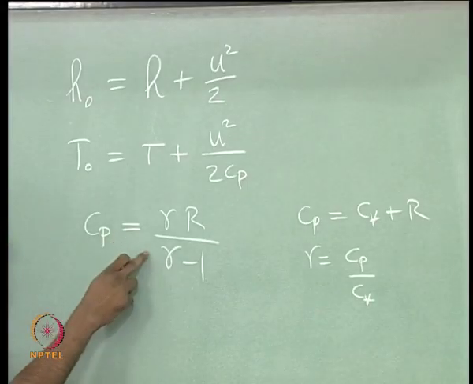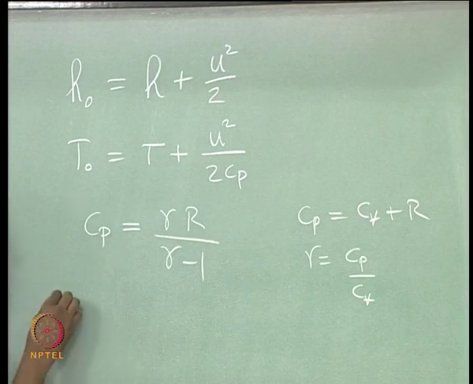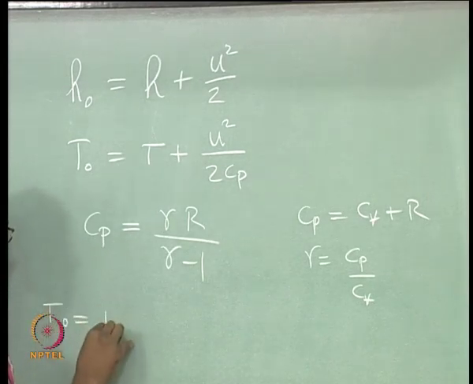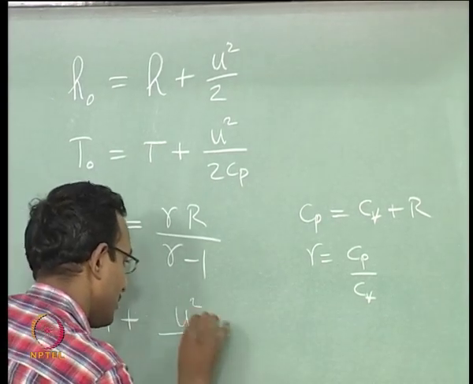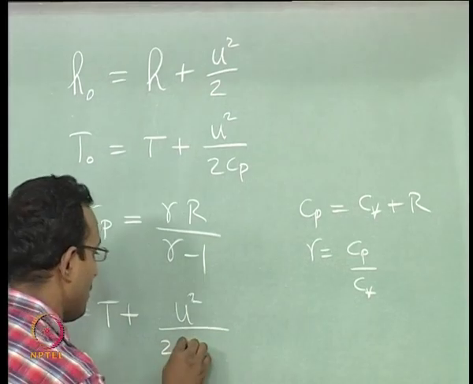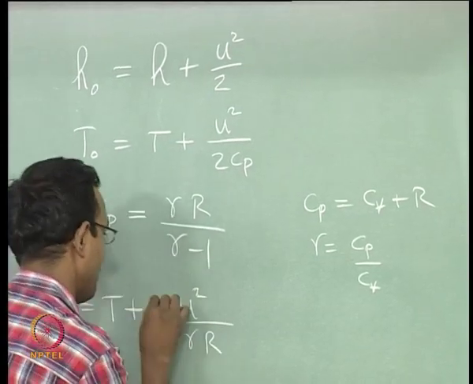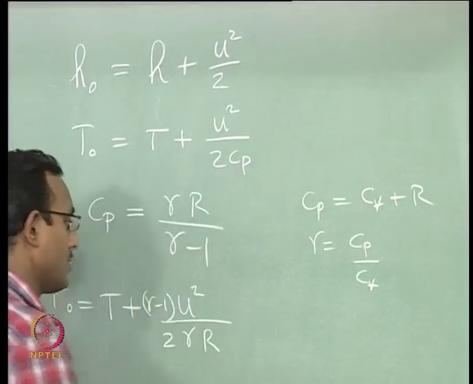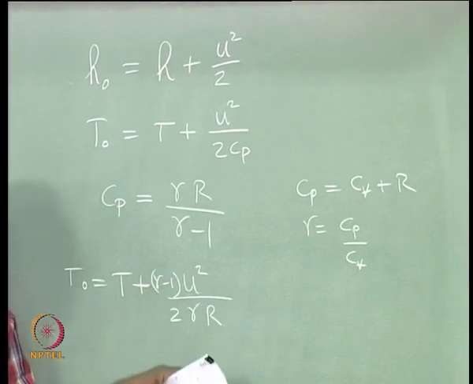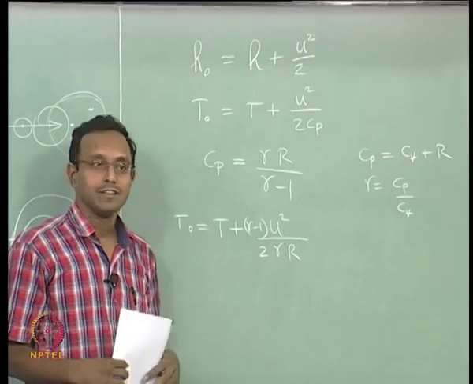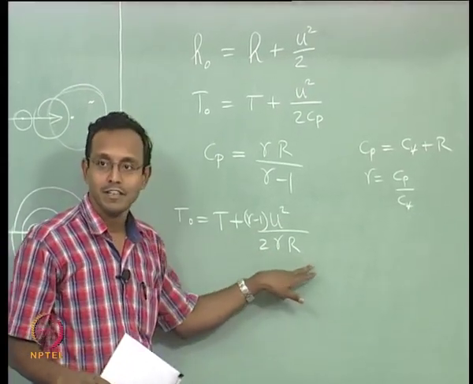So now I want to substitute this Cp inside here. What will I get? I will have this form. Now I want Mach number here, that is the motivation. So I want gamma RT here.